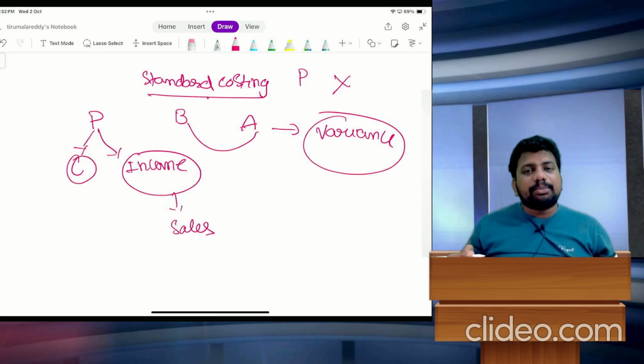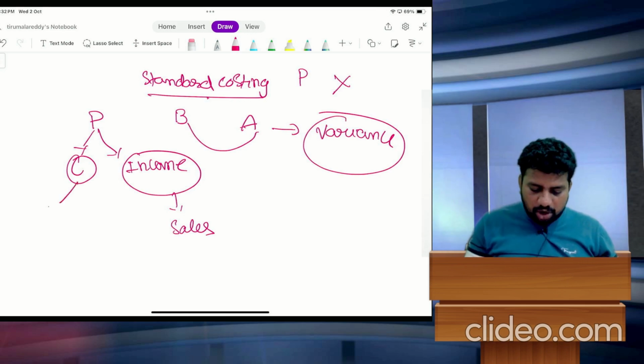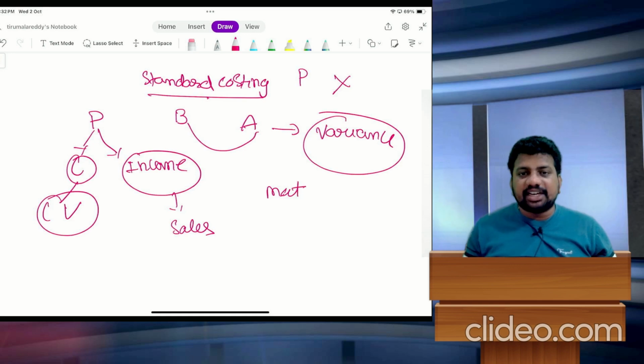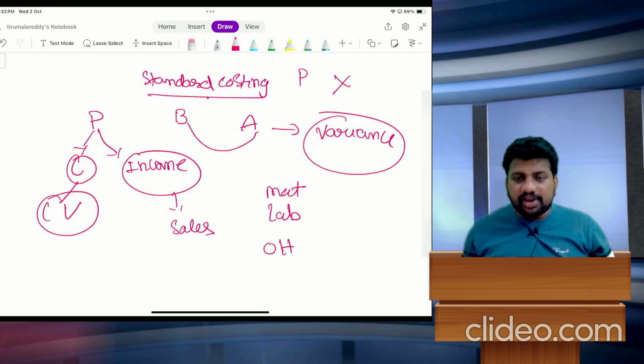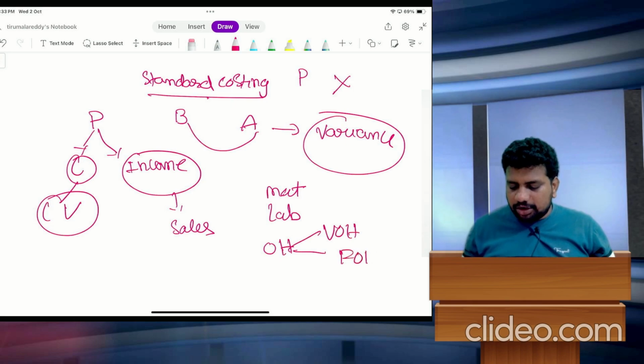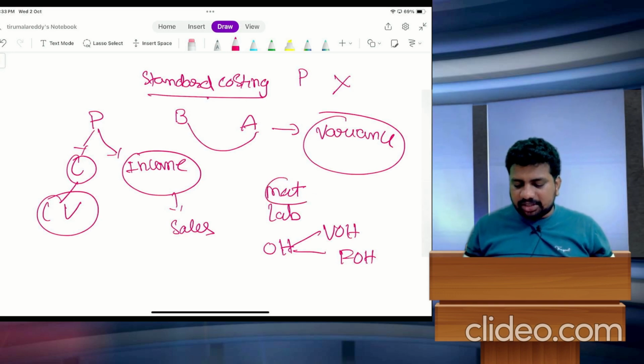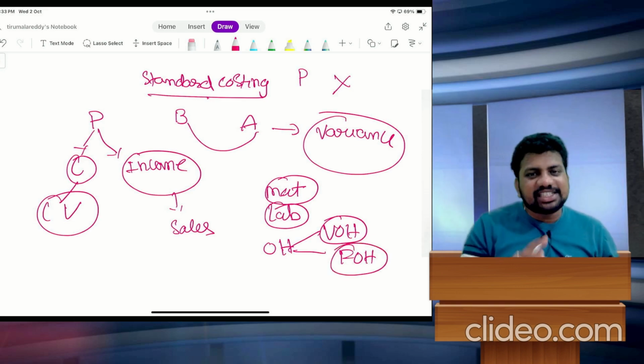If the difference is coming from cost, I call it cost variances, and these costs can be either material cost, which we call material variances, or labor cost, labor variances, or overhead cost, that is variable overhead variances and then fixed overhead variances. So to complete this entire chapter, I need to discuss material variances, labor variances, variable overhead variances, fixed overhead variances, and then sales variances.